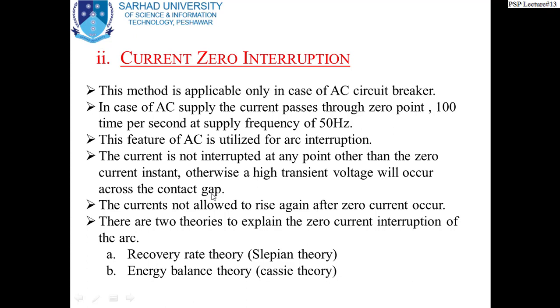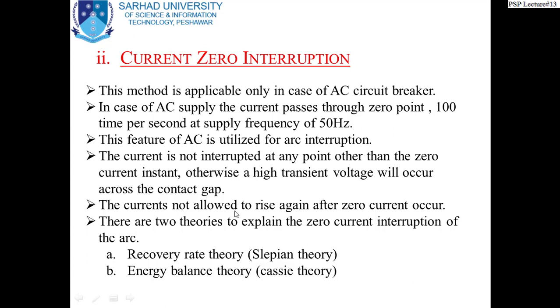If di by dt is very high, a very high voltage can appear across all the inductive parts of the circuit, and it can sometimes damage the insulation. So to avoid this situation, it is normally recommended to chop the current at the current zero instant. So you must understand this, just have your knowledge. If you have any problem, then we will clear that problem in the interaction class, inshallah, next week.